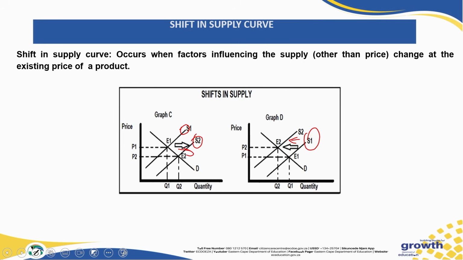So we need to remember, I said in the beginning, we need to know the demand and the supply when it comes to the definition. Be able to correctly state the law of demand and the law of supply. Be able to correctly draw the graph. Most of our papers have the graphs, so you need to be able to draw the graph, and you need to know the difference between a supply curve and the demand curve.